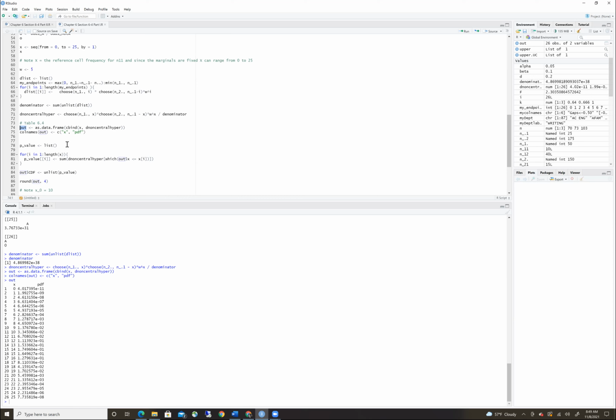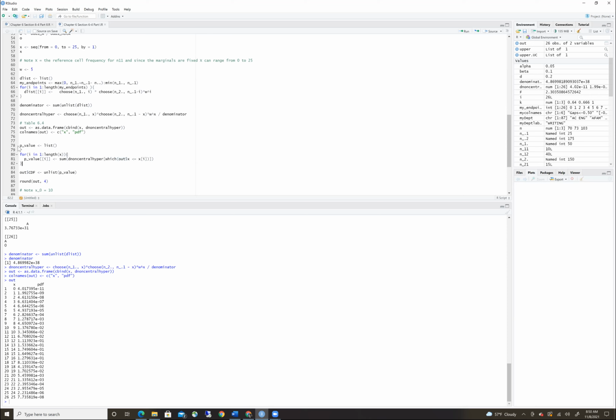Okay, so here we're going to get the p-value, and there's a definition for the p-value in 6.38 in our text, right? What we're going to do is look at 6.38 and 6.39, and take the sum of the non-central hypergeometric distribution whenever X is less than or equal to the particular X that we're thinking about.